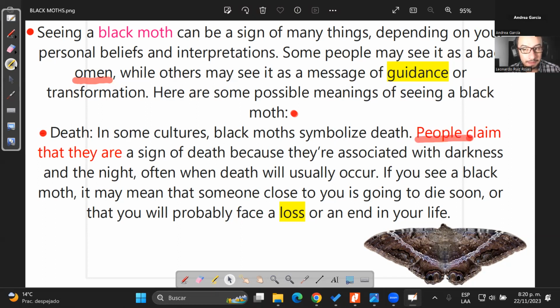People claim that they are a sign of death because they are associated with darkness and the night. Often death will usually occur at night, right? If you see a black moth, it might mean that someone close to you is going to die soon, or that you will probably face a loss or an end in your life, right? That's the most common one.